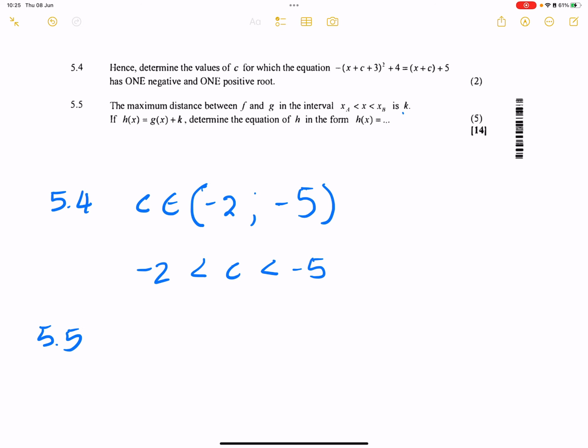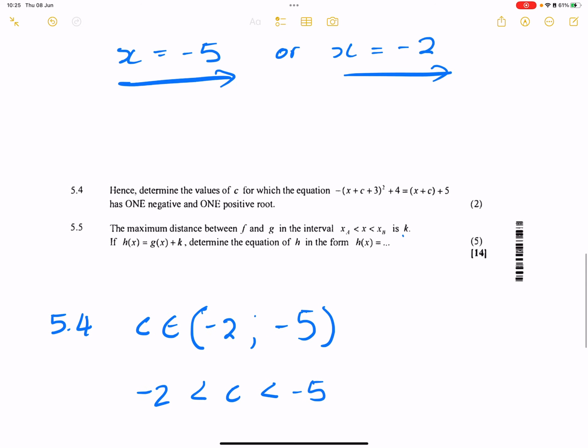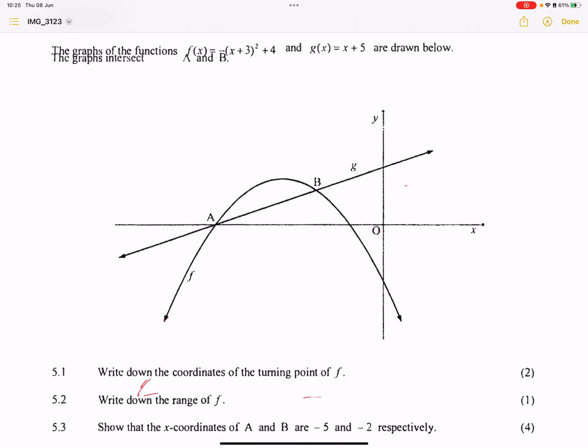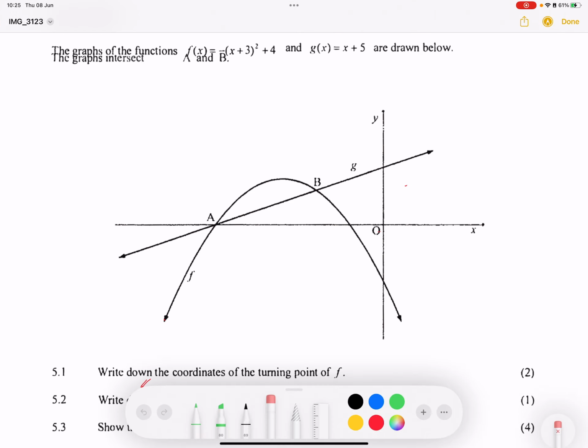Now I want you to note between A and B, we want the maximum distance between the two graphs. Okay, so let's try and indicate it there. So we want the maximum distance between these two graphs here, right? So that will be the equation of the parabola minus the equation of the straight line. That's the distance between them, isn't it?